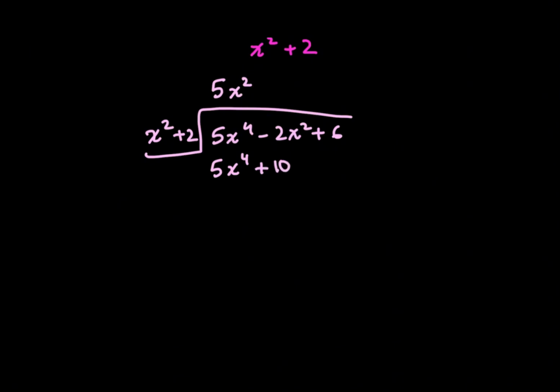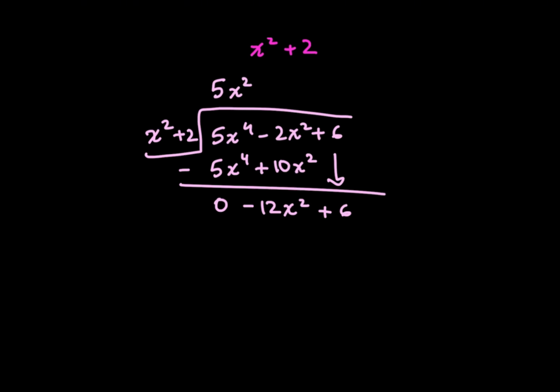plus 10x squared. And I subtract, and I get rid of the 5x to the power of 4 term, and then negative 2x squared minus 10x squared is negative 12x squared. And I can't forget about my lone term up there, and I have to drop it down. And so the process repeats. I ask myself, what can I multiply by x squared plus 2 to give me minus 12x squared?